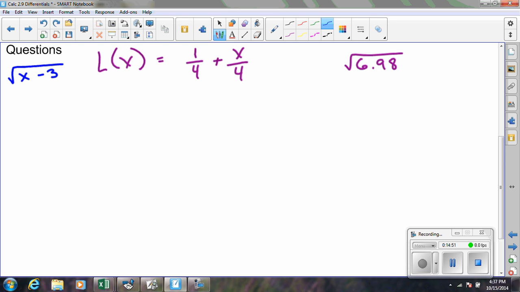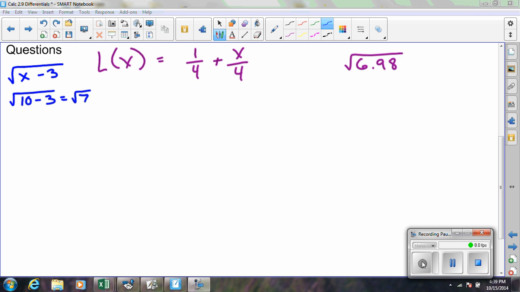Well, if we used x as 10, 10 minus 3 would give us 7. And so we wind up with something that's similar to what we're trying to do. This tells us that if we are plugging in x for 10, you'll note that we're using a function value of x equals 10.